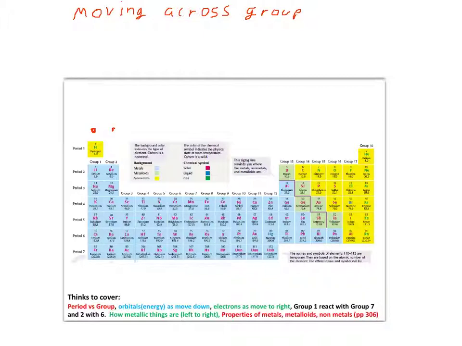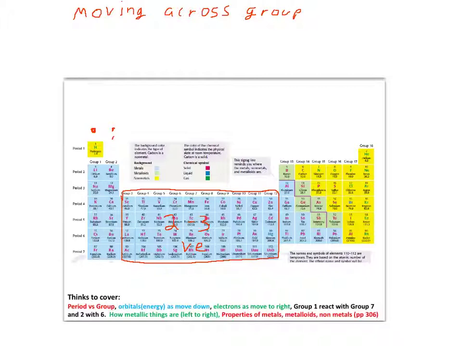Group 2, all the atoms have two valence electrons. And it gets a little fuzzy down here in these metals, groups 3 through 12. Most of these have 2 to 3 valence electrons. Okay? But we sort of skip that in terms of the pattern.